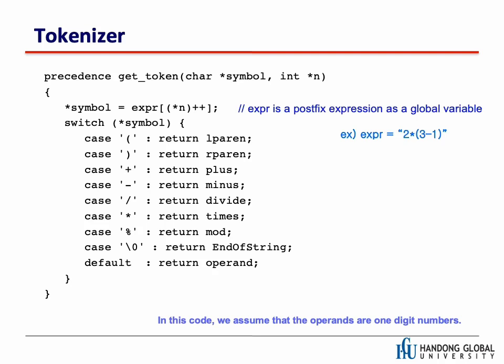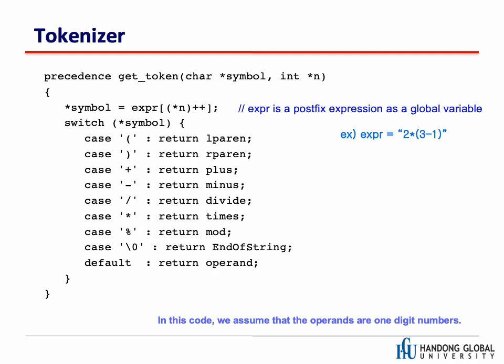For example, if it starts from 0, then expr star n plus plus will return 2 in this example. If the expr is 2 times left parenthesis 3 minus 1 right parenthesis, it will return 2 for the first time. So the star symbol will be 2. And then we have a switch statement.